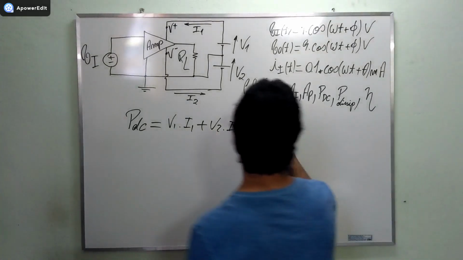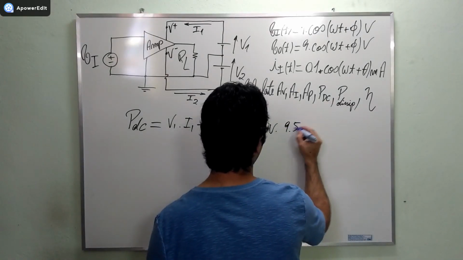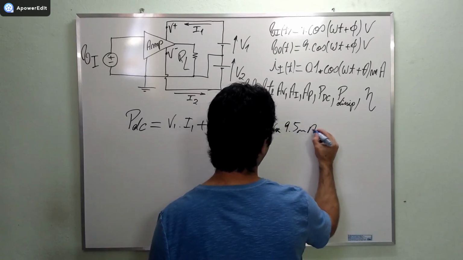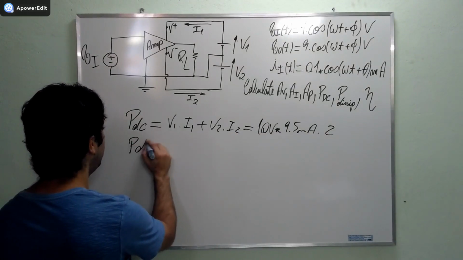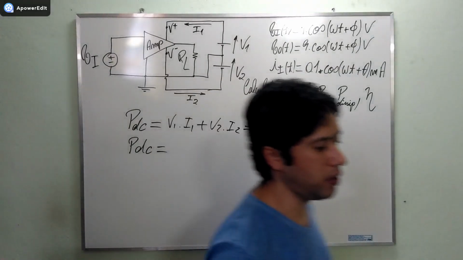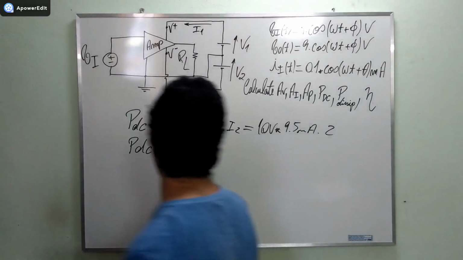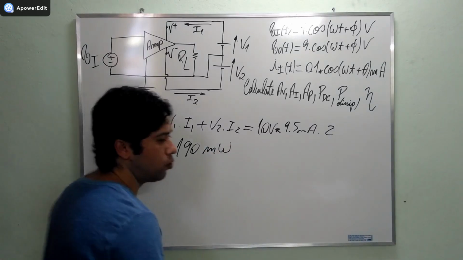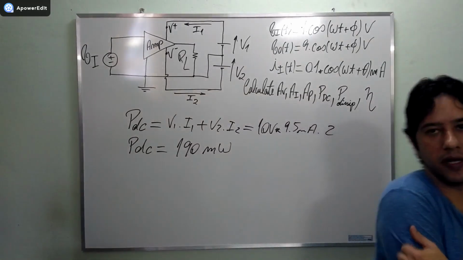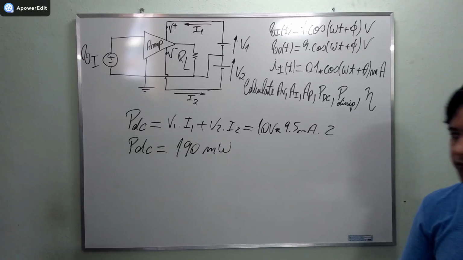Okay, so it is gonna be 10 volts times 9.5 milliamperes, and then you simply multiply by 2, and you are going to find out that the power delivered from the DC sources will be equal to 190 milliwatts, okay? 190 milliwatts. Very easy, isn't it? Very easy, my friends.